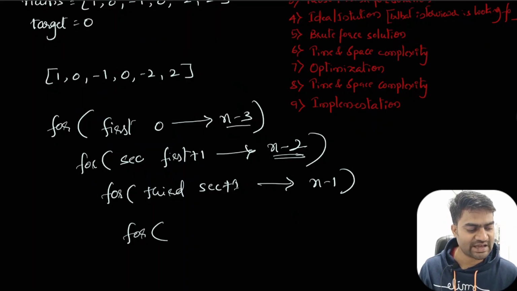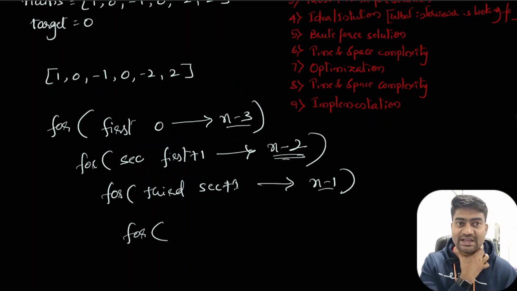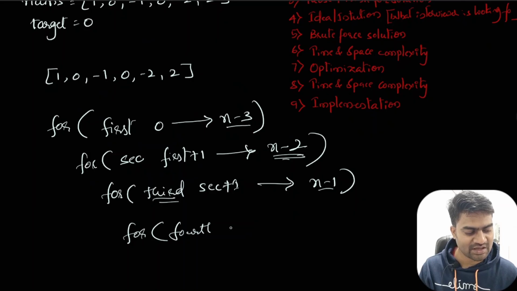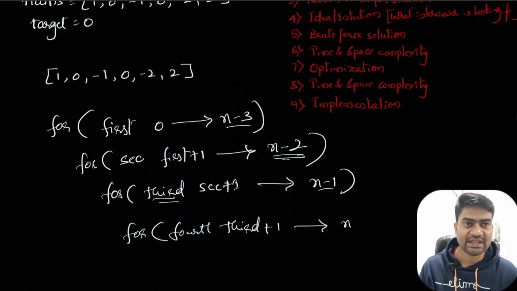If you see, this value is getting reduced by 1 because we need that many numbers after that. Then our fourth number starts after our third number: third plus 1 till n. So basically the bounds are: less than n minus 3, less than n minus 2, less than n minus 1, and less than n.